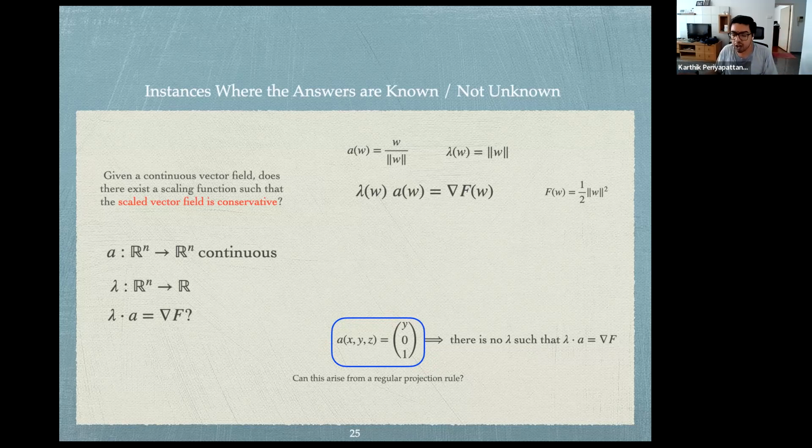This A is continuous, very good. But for this continuous A, there is no scaling which makes it conservative. So the question that remains is, can such A also come from regular projection rules? If so, mere regularity is not enough. We need to impose additional structure on the projection rule so that these kinds of bad A don't arise.